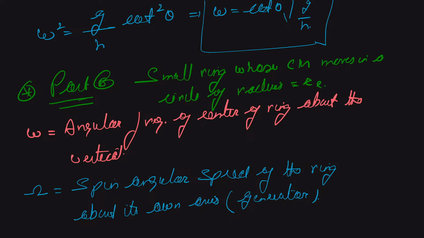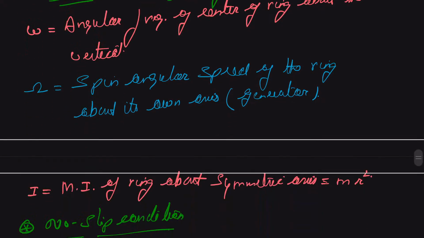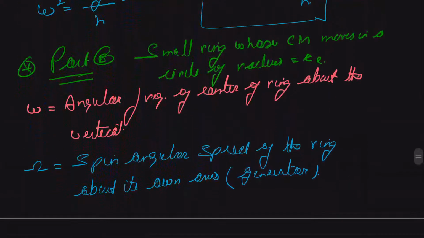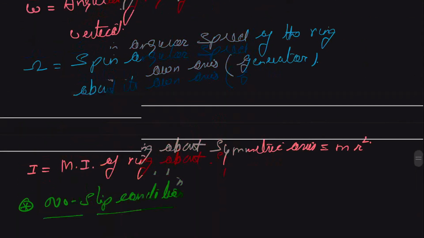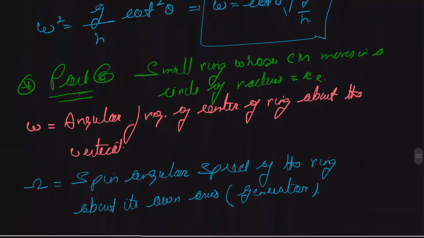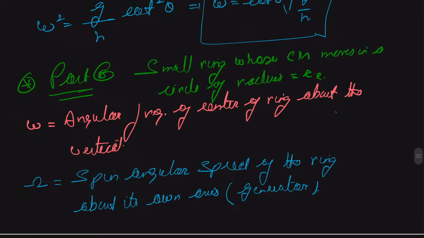Okay. So it basically means that, let me draw it here. So we have a cone and we have a ring. So I'll draw a ring on the larger side. So this kind of ring is there and its center of mass is moving in kind of circle.